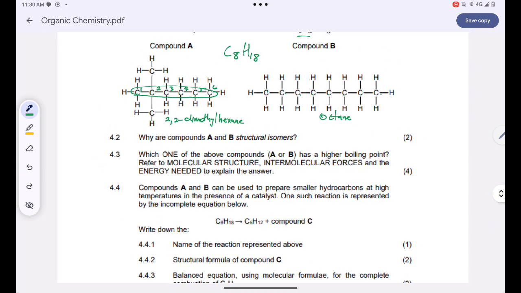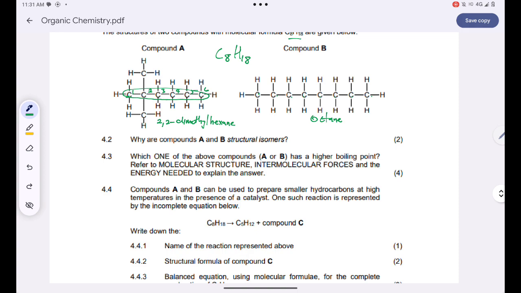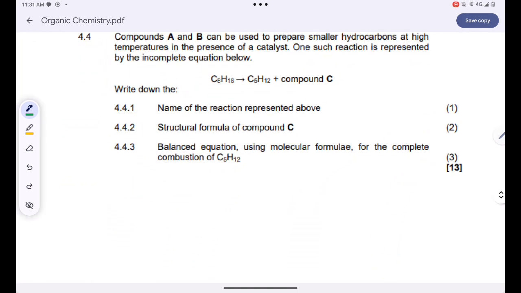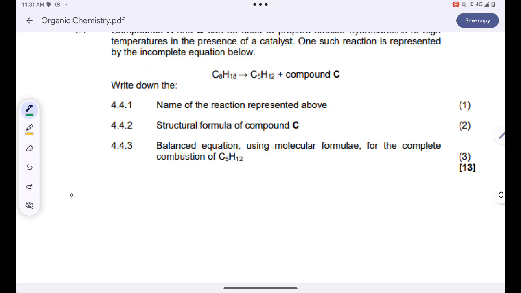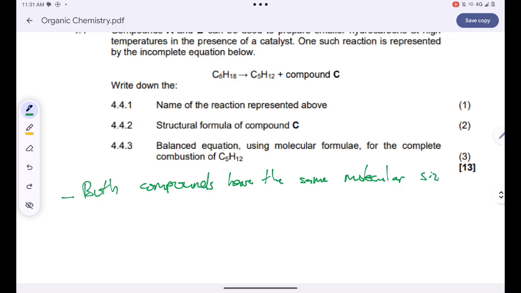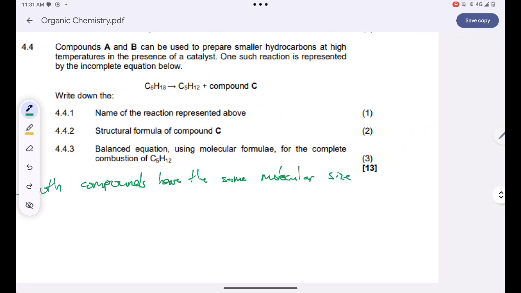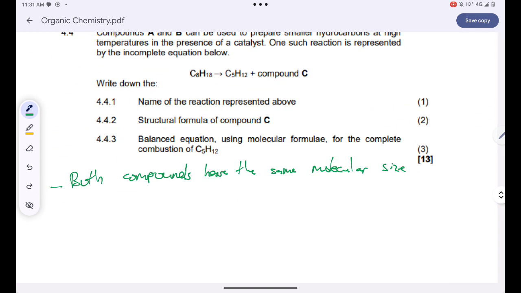We are comparing compound B and compound A, and my reference point will be compound B. First I need to say both compounds have the same molecular size, since they have the same molecular formula. If you calculate the relative atomic mass for both compounds, you get the same answer.